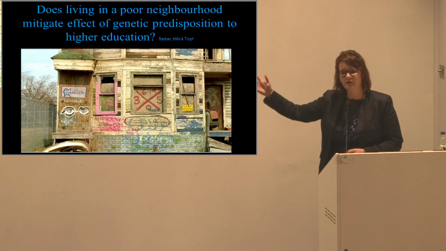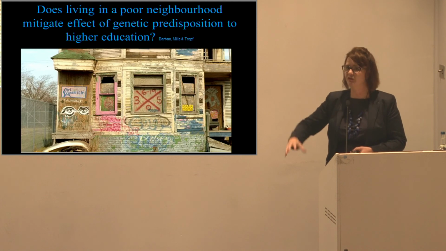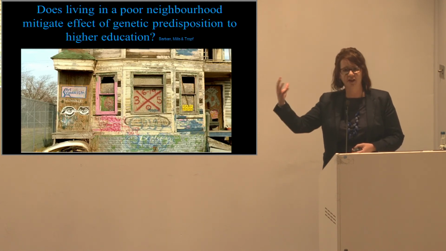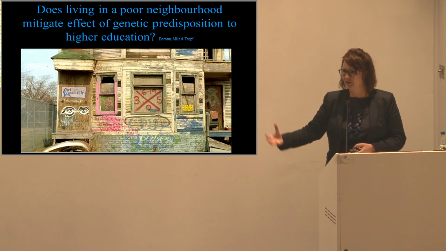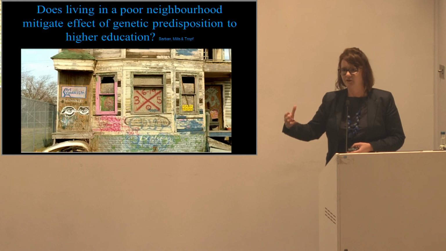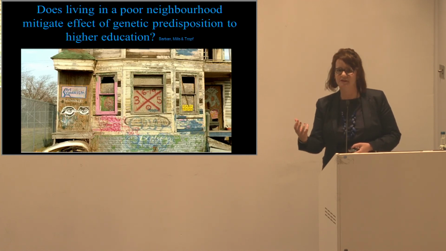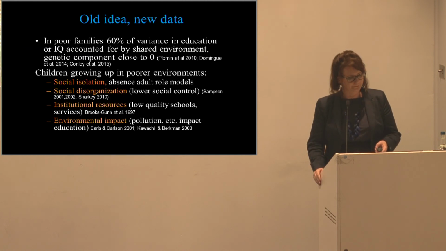So if you have a higher polygenic score for education in years, but you live in a low resource environment, will that genetic propensity be realized? Because we see, year on year and across different generations, that individuals from poor resource neighborhoods consistently don't seem to do as well in education.